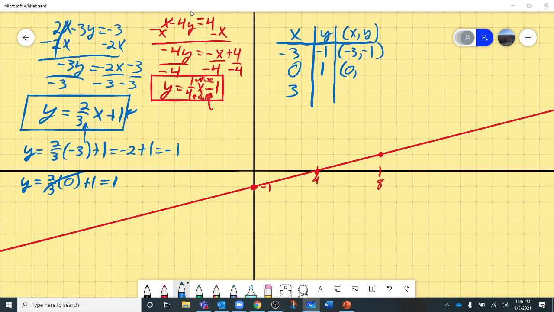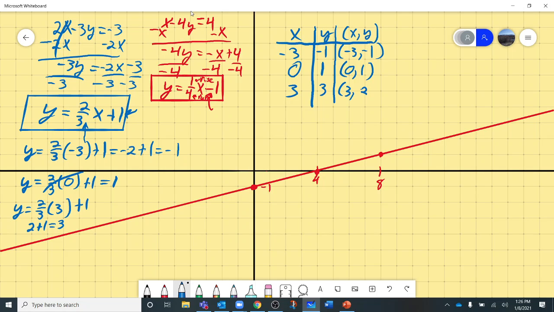So our ordered pair there is 0, 1. And then our last one, y equals 2/3 times 3 plus 1. 2/3 times 3, 3 times 2 is 6. 6 divided by 3 is 2. So 2 plus 1, that's just going to give us a positive 3.